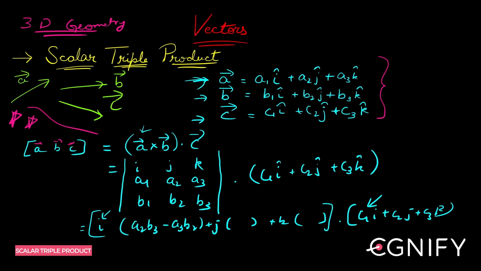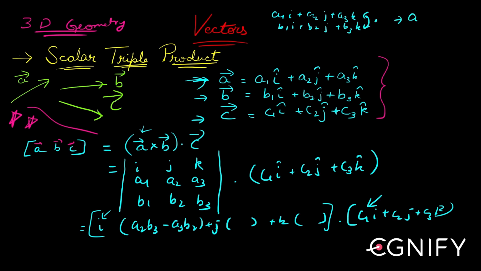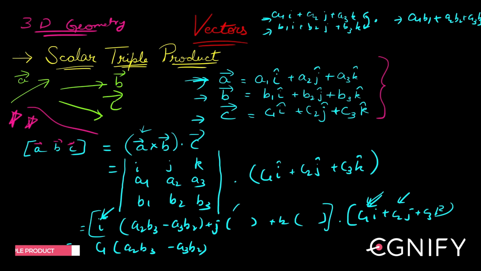Because you already know whenever you have to take the dot product of two vectors in their component forms, for example, something like this, and B1I plus B2J plus B3K, what you do is A1, B1, just multiply the I components, multiply the J components, multiply the K components, and add them, right? So that is what we will do here as well. We will multiply this with this, and ultimately we will be getting a term like C1 into A2 B3 minus A3 B2. Similarly, we will multiply C2 with this part and we will be getting C2 into whatever was there.